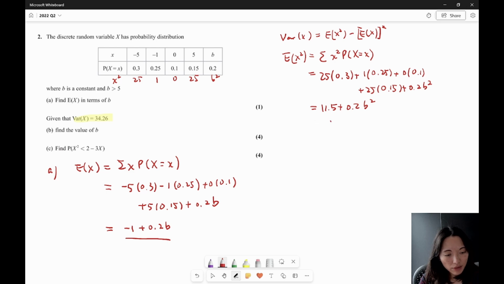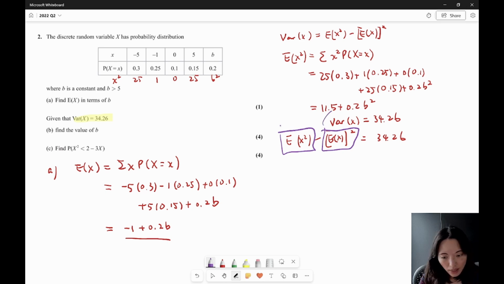We've been told in the question that the variance of x equals 34.26. Therefore, expectation of x squared minus the square of the expectation of x equals 34.26.